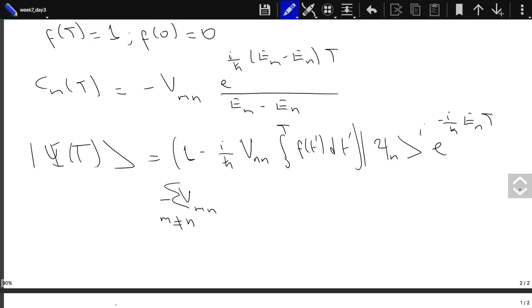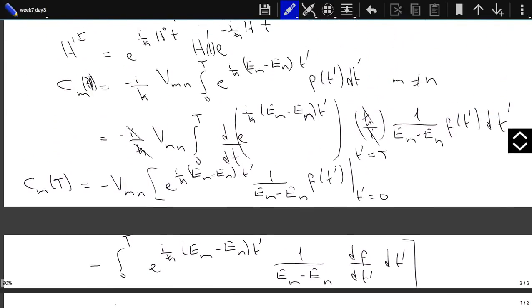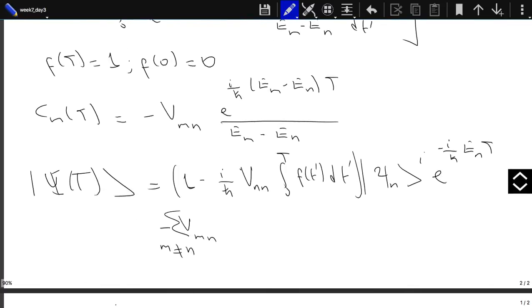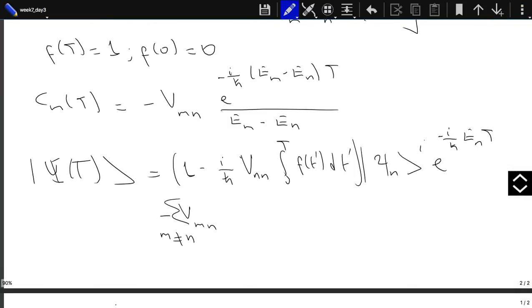Well, I think I made a sign mistake somewhere. Probably this is minus, this is plus. So all here are minuses. And so here I have a minus Vmn. Then I have 1 over Em minus En, e to the power minus i over h bar Em of t. So this should be the term that I should have.